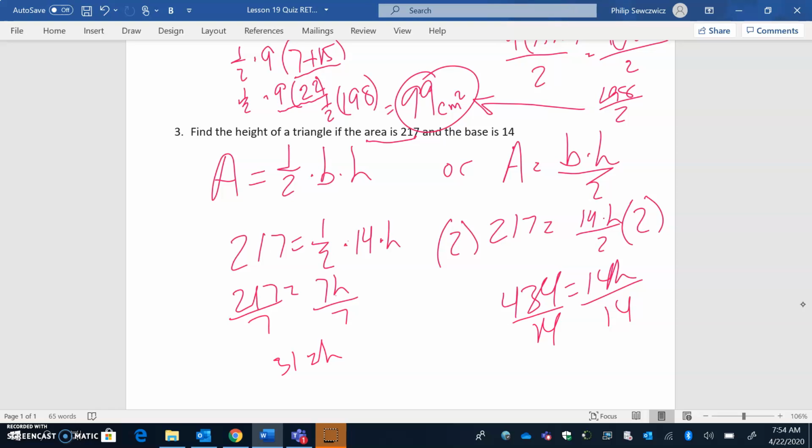So I know things are going to work out here, but just for fun, because it's not every day we get to do some long division, let's look at that. That's a 42. I can take one group out. We're done. Show's over, and there's my 31 again. So in that case, my height is 31.